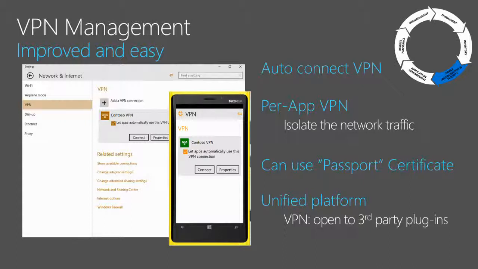And that will work on Windows 10 mobile as well as on Windows 10 desktop, which is very important because that will most likely provide much broader support from all the third-party vendors, because they now only have to develop one plugin.